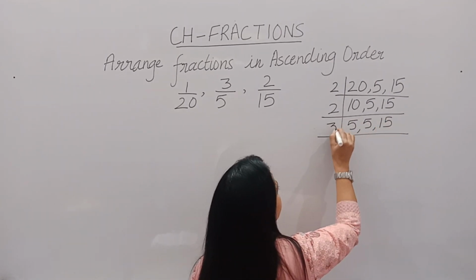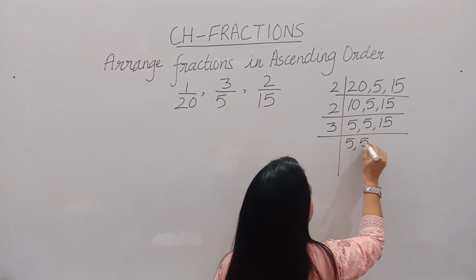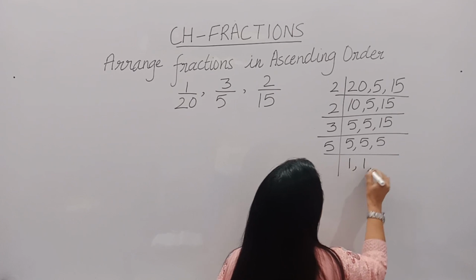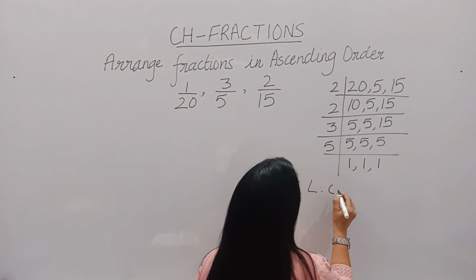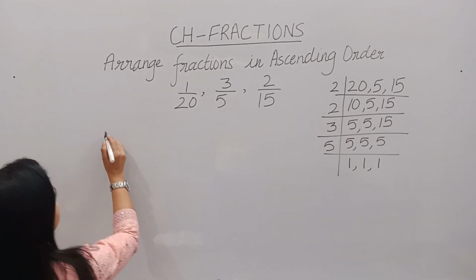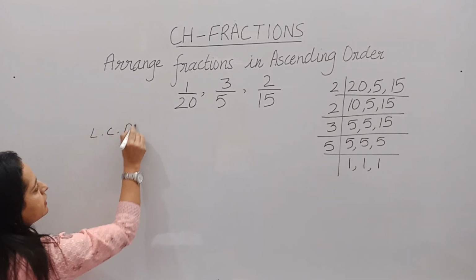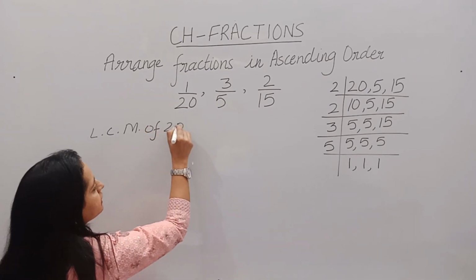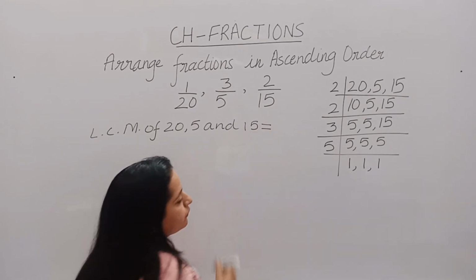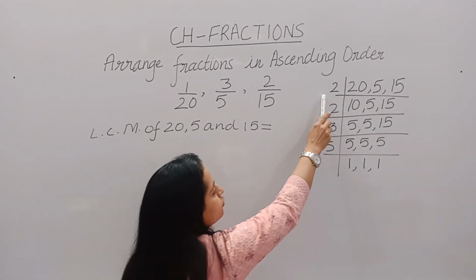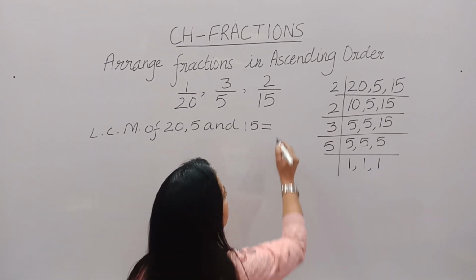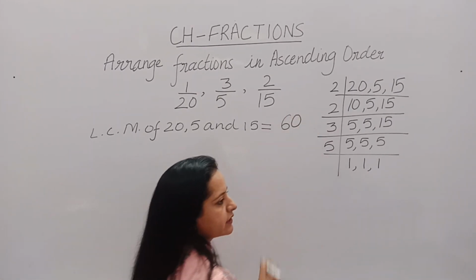And then we will start with 3, 5 we copy as it is, 3 5s are 15 and then 5, 5 1s are 5. So we have got that the LCM of 20, 5 and 15 is equal to, let us multiply these, 2 4s are 8, 4 3s are 12, and 12 5s are 60. So LCM is equal to 60.